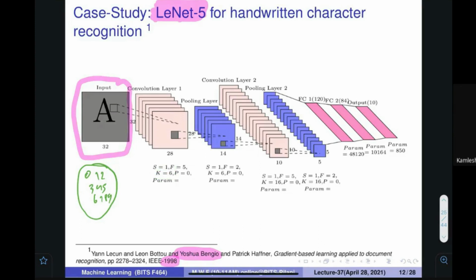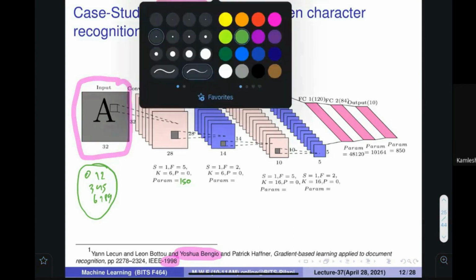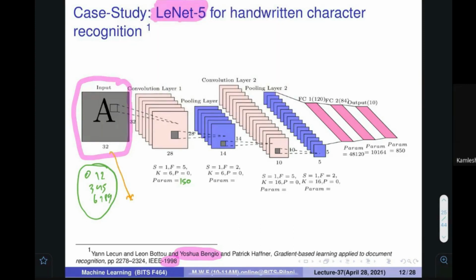6 such filters. One filter has 5 cross 5, so 25 values, and with 6 such filters, 150 parameters would be needed. The stride is 1, so for the input of 32 cross 32, the output size is 32 minus 5 plus 1.